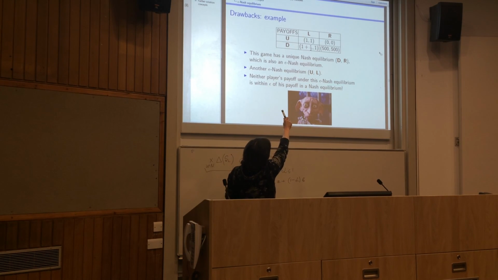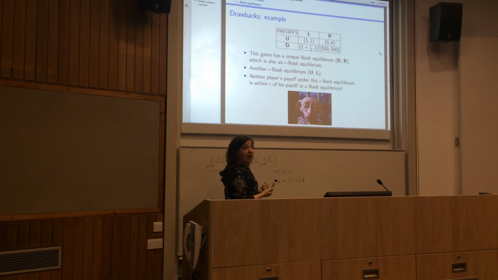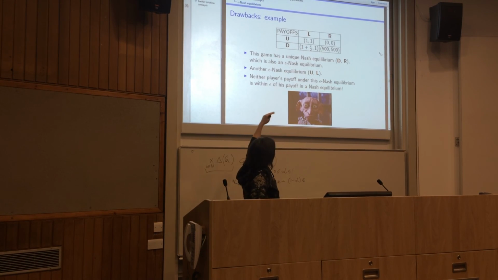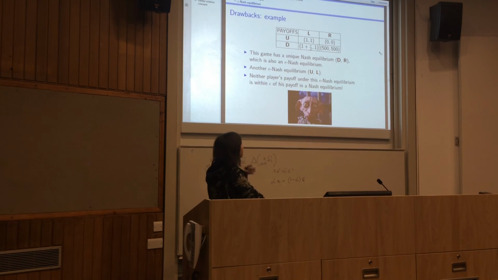Now, for the column player, there is no incentive to deviate because he actually gets higher utility by playing left rather than right, given that the row player plays up. For the row player, if he deviates to down, he will get a greater utility, but only by half of the epsilon greater than his utility under playing up, so he would not do that under the condition of epsilon Nash.